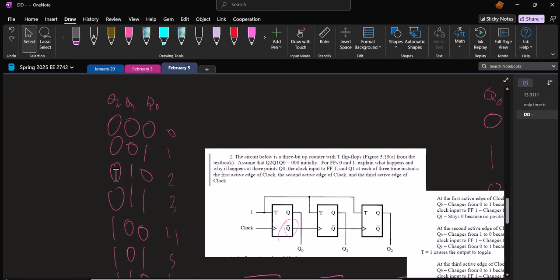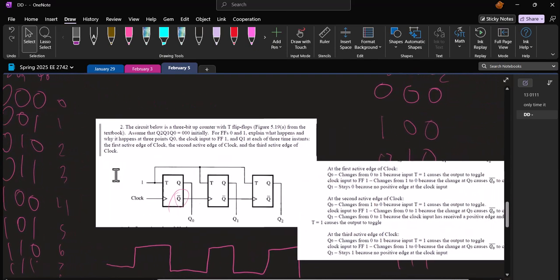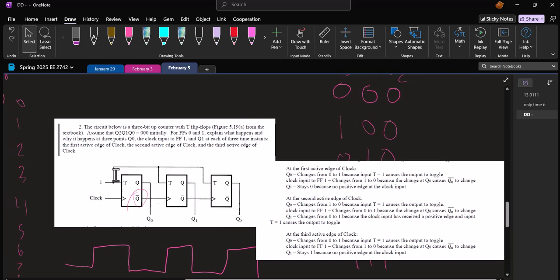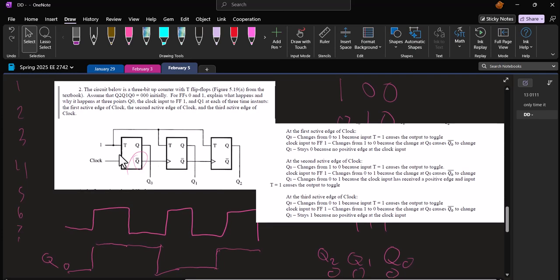Oh, I see what he means by number 3. So you're on this particular example.